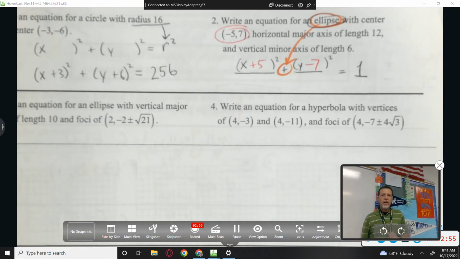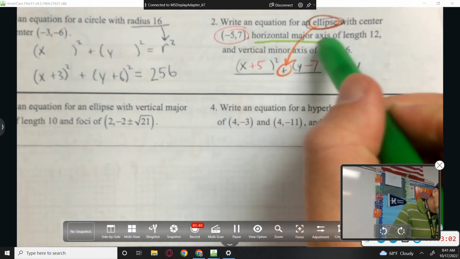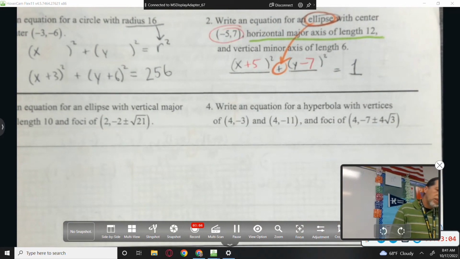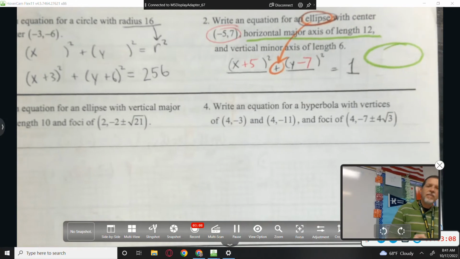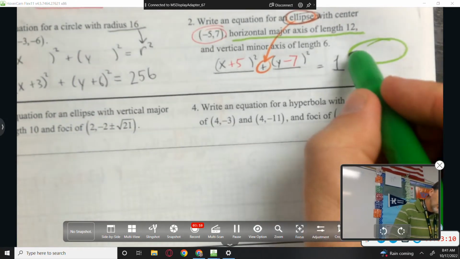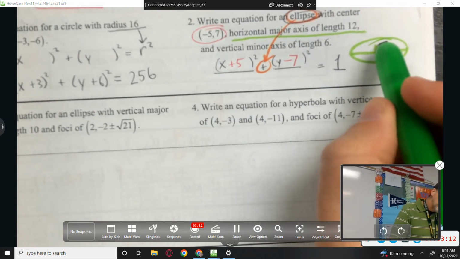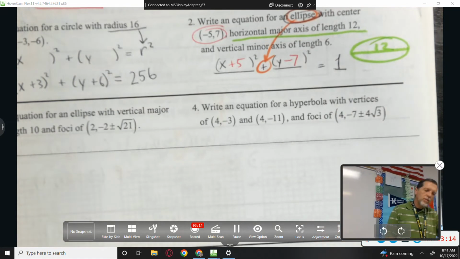Horizontal, major axis of length 12. Horizontal, major axis. Okay, so this thing is a left and right orientation, and the major axis is 12 units long. How does that help me, or what does that do for me?